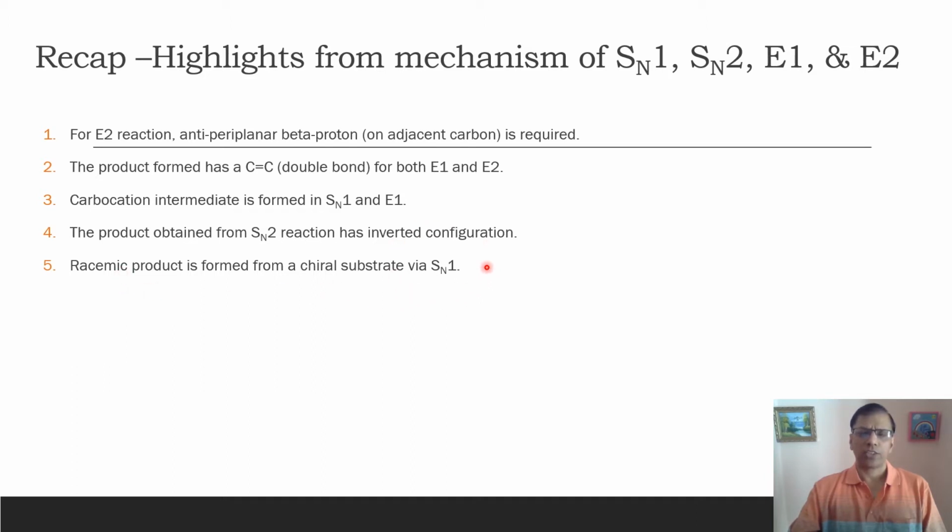For an SN1 reaction, since a carbocation is involved, that will result in a racemic product, because the nucleophile can attack from the front side or back side of the carbocation. And always remember that substitution and elimination reactions will occur only at an sp3 carbon. They will not occur at an sp or sp2 carbon.